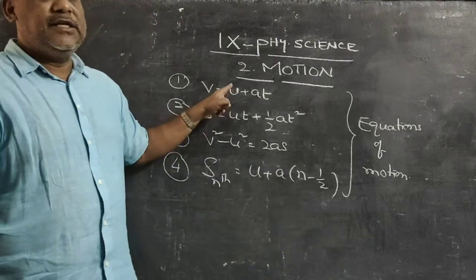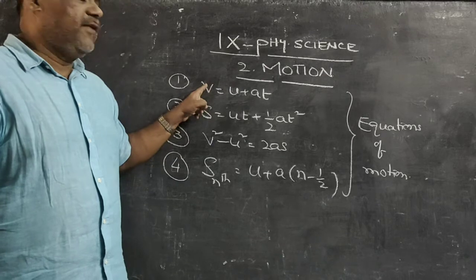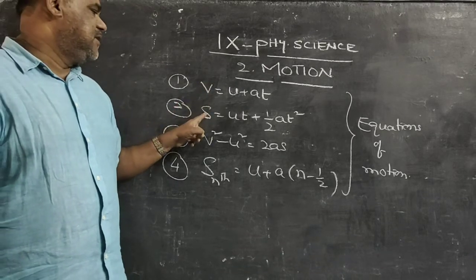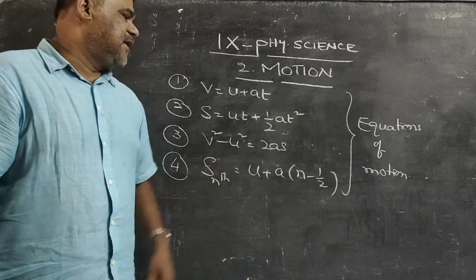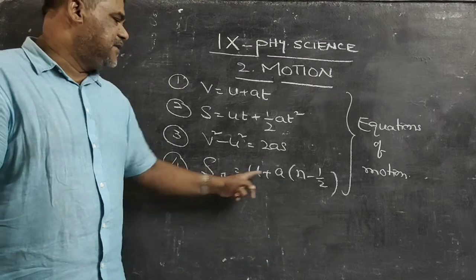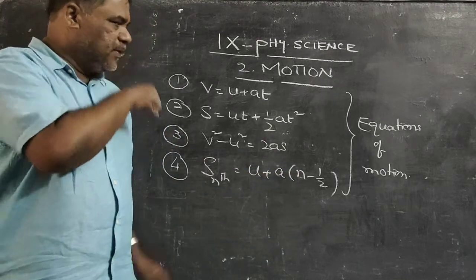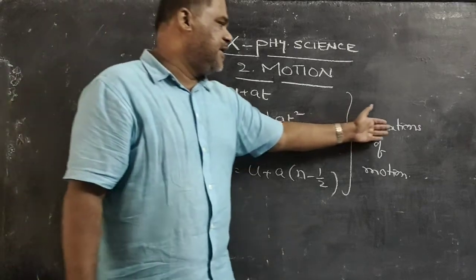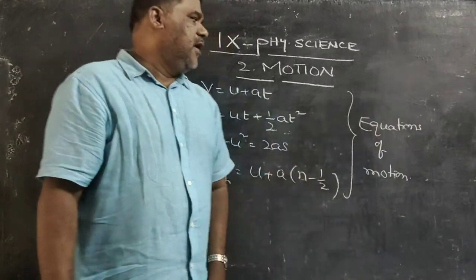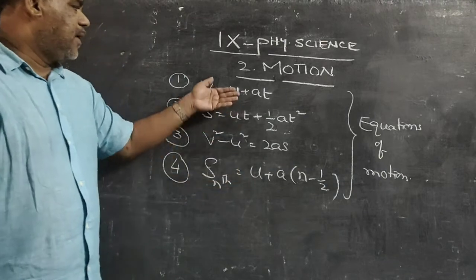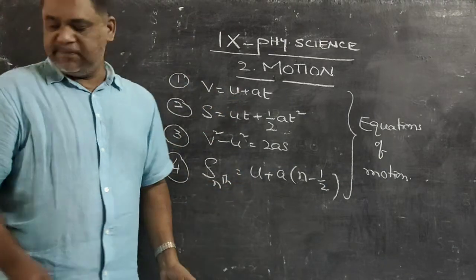Here U is the initial velocity, V is the final velocity, S is the displacement, A is the acceleration produced, n is the second time in seconds. These equations we call as equations of motion. Now today we are going to do some problems based on these equations.